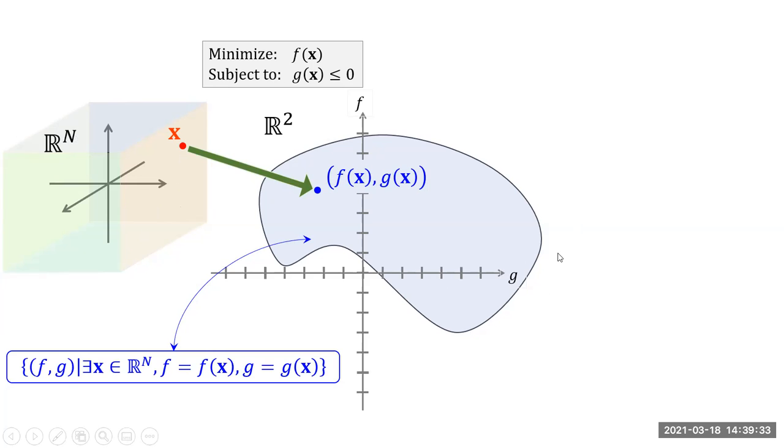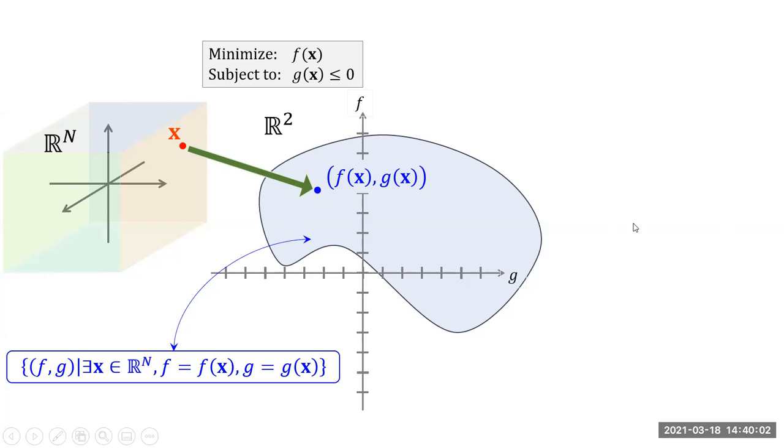It could go towards infinity, but those are special cases. We just assume that f has lower and upper bounds, and g also has lower and upper bounds. Am I clear so far? So this is the FG plane. Given any x, we have this point in two-dimensional space, the FG plane, f of x, g of x.